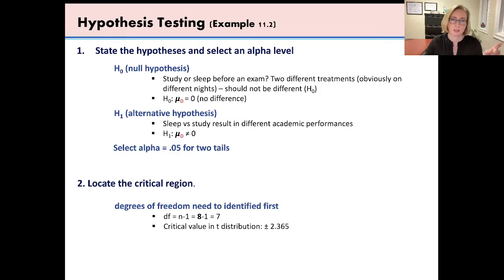So there you find your column for two-tail test and alpha 0.05, and then you run down the column until you hit df 7, and that ends up being the critical value of 2.365. So this is the value to beat if you're going to reject the null hypothesis.